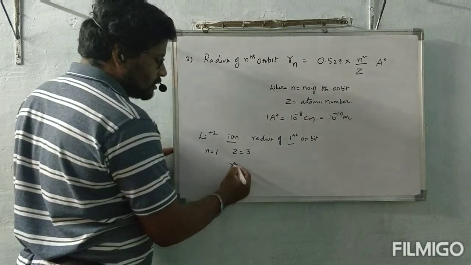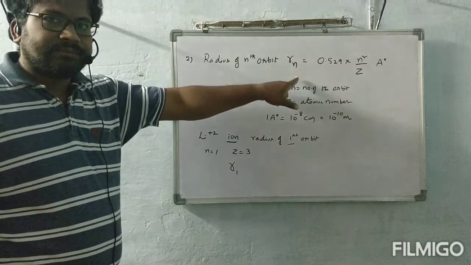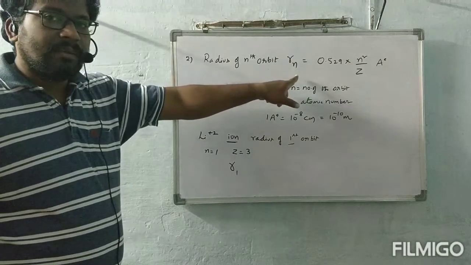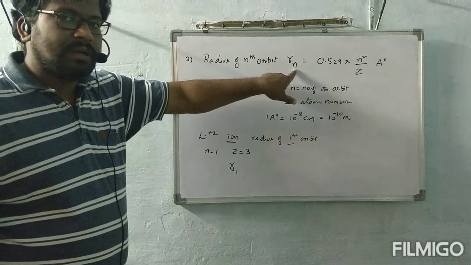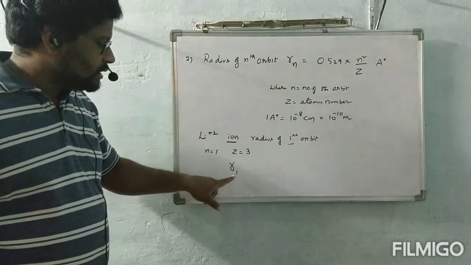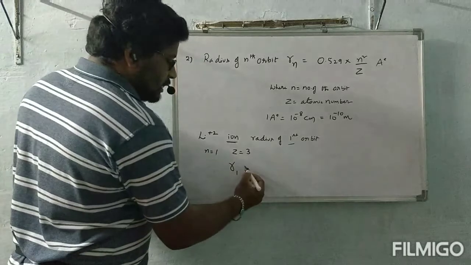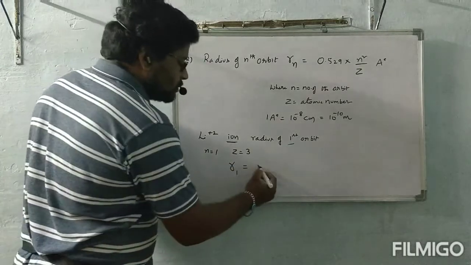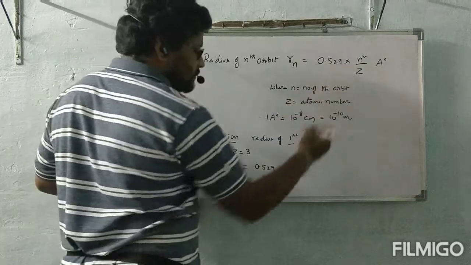Now R1. This is the general formula Rn. What is meant by n here? Number of the orbit, and that is 1 only. So R1 is equal to 0.529 into n square by z.